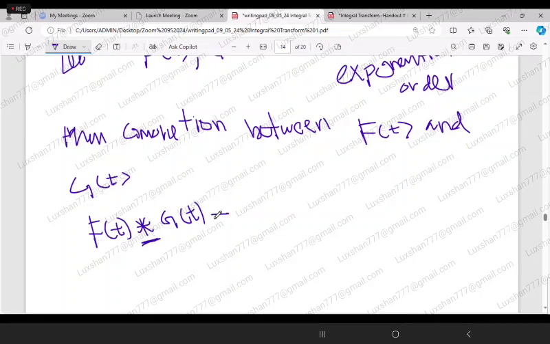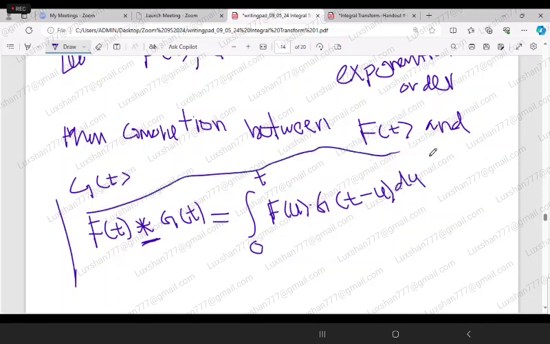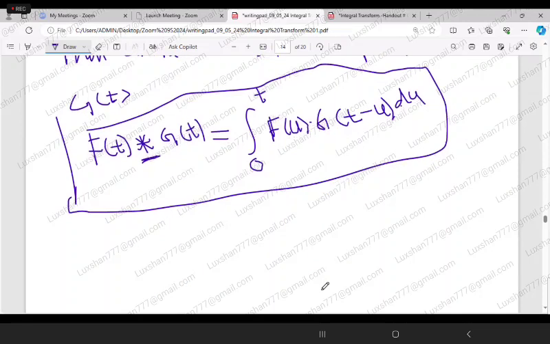The convolution between f and g is given by this integration, 0 to t, f of u into g of t minus u du. So this is how the convolution is given.